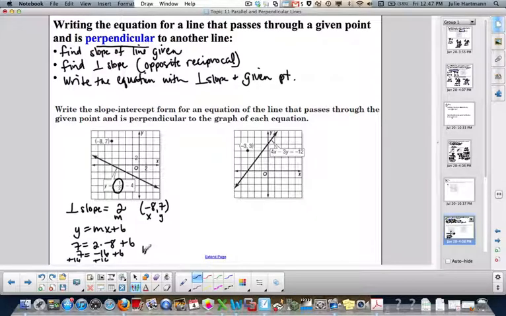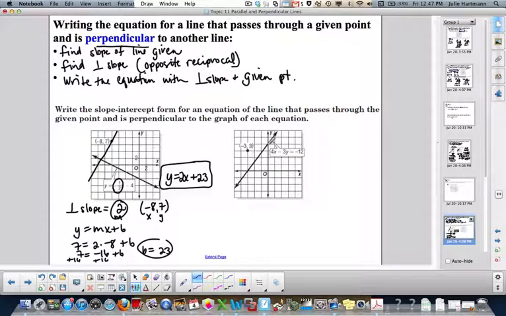So b equals 23. So our equation, slope of 2, y-intercept of 23, is y equals 2x plus 23. Okay, and perpendicular looks something like that. So yeah, that is going to hit way up there at 23. Right? So there it is.